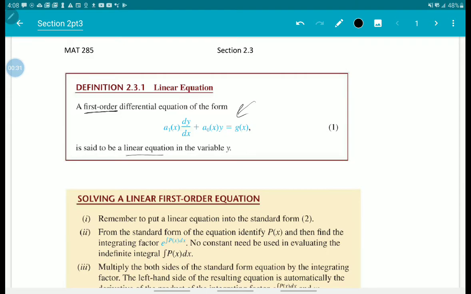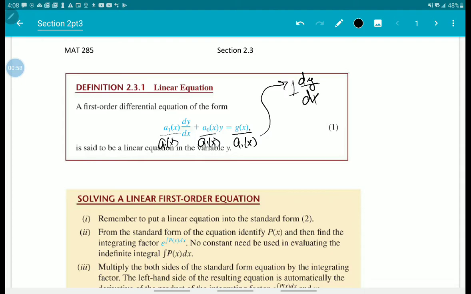Now, to put this in what we like to call standard form, we would want to divide everything by this a sub 1 of x. And if we were to do that, just to write some notation here, then we would end up with dy over dx.